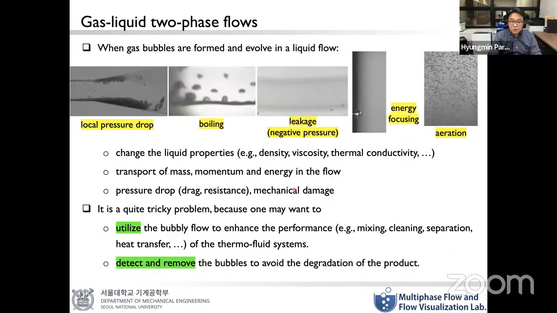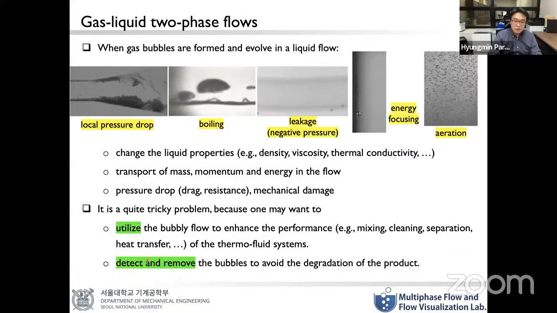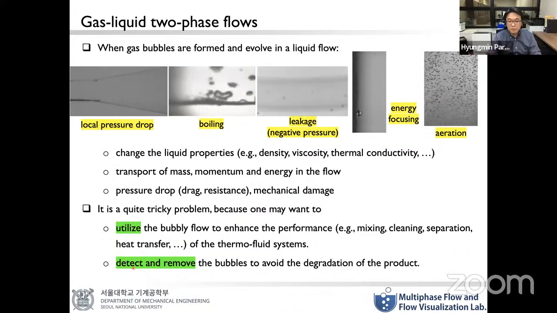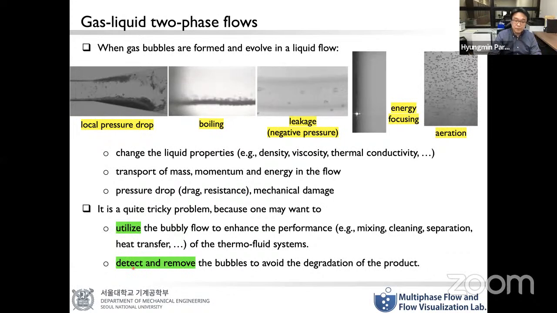So it is quite a tricky problem, because even in the same flow geometry, someone wants to use bubbly flow or bubbles to enhance the performance of the system, but others, on the other hand, want to detect and remove the same bubbles to avoid the degradation of their system.